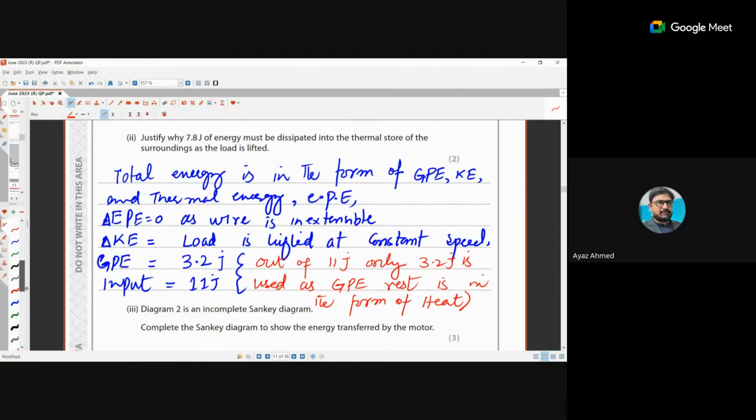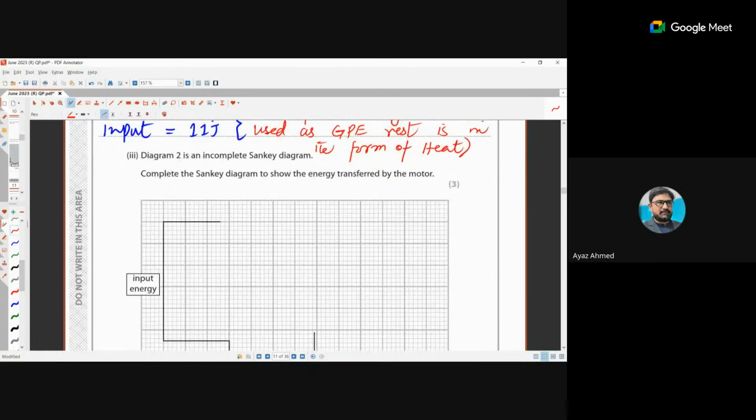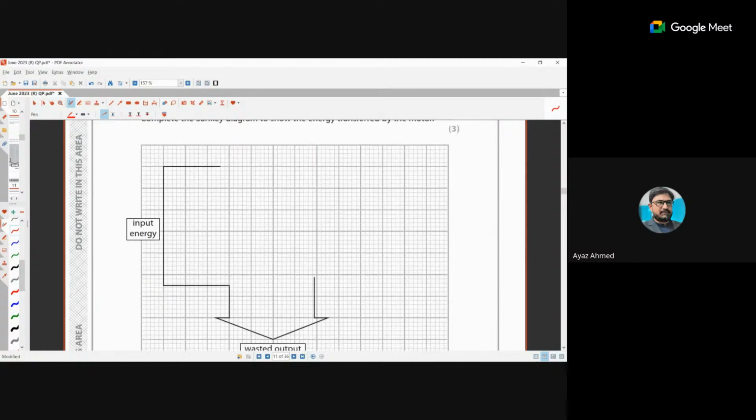Okay, is it clear to everyone? Yeah, good. The next is diagram 2, an incomplete Sankey diagram. Complete the Sankey diagram to show the energy transfer by the motor.